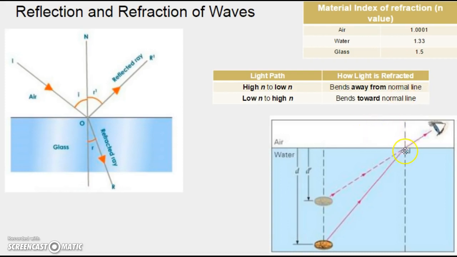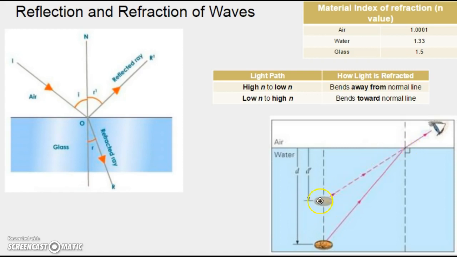So let's apply that. Let's say we look into a body of water and we see this penny, or this could be a fish. The light here is reflected off of the object, and it refracts as it goes from a high N value of water to a low N value of air. If it goes from water to air, remember the photon is bouncing off of this. We are going to view it as if it was here.